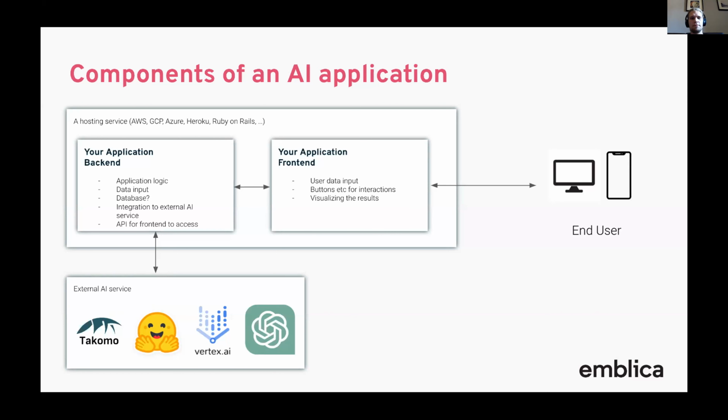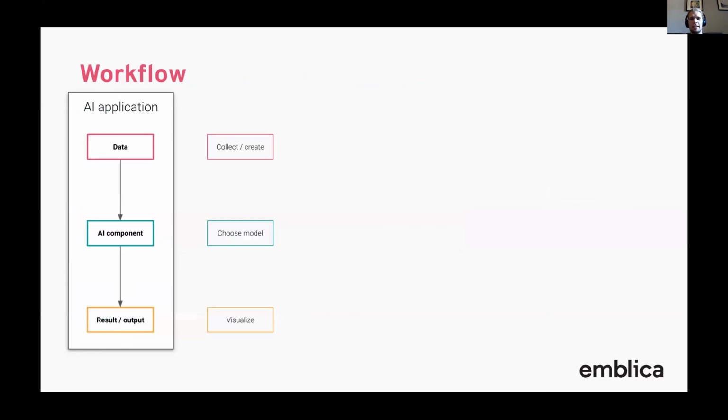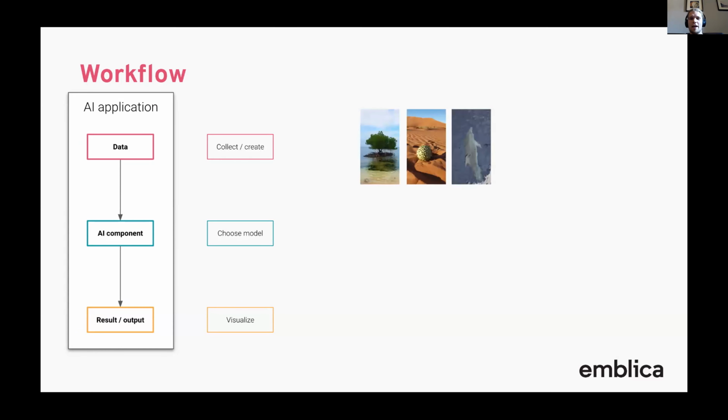That means that if we go forward, what does it mean to our workflow if we are now not building a regular full stack application, but we are building an AI application? The difference is that we need to understand what kind of data we are dealing with. So in this case, images. And we want to have images of plants and animals and such.